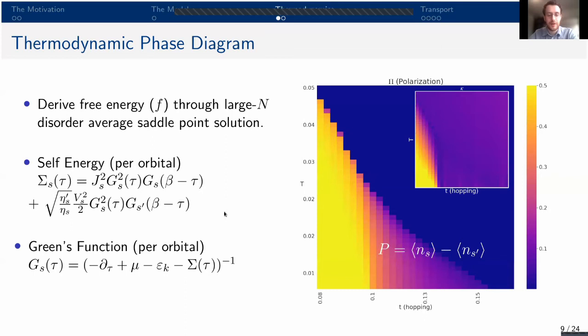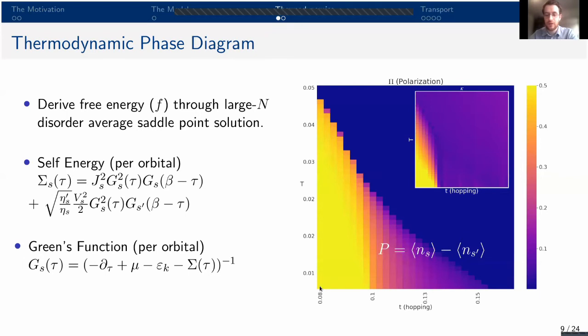When we solve these self-consistent equations, we're able to find the free energy, and we can look at thermodynamic properties. What I have here is a phase diagram of polarization. This is changes in population between the 2 flavors or orbitals, so that there's some favored flavor that builds up a population.